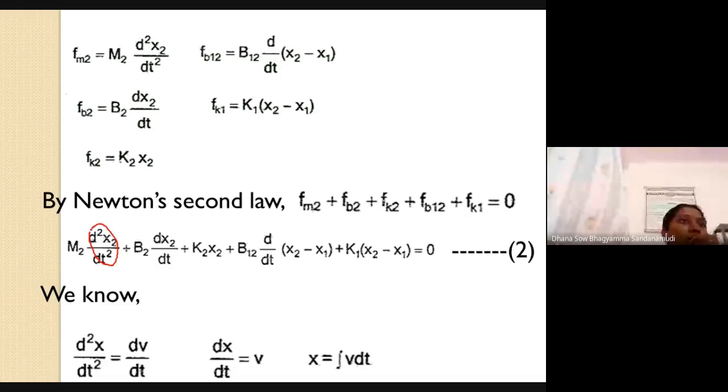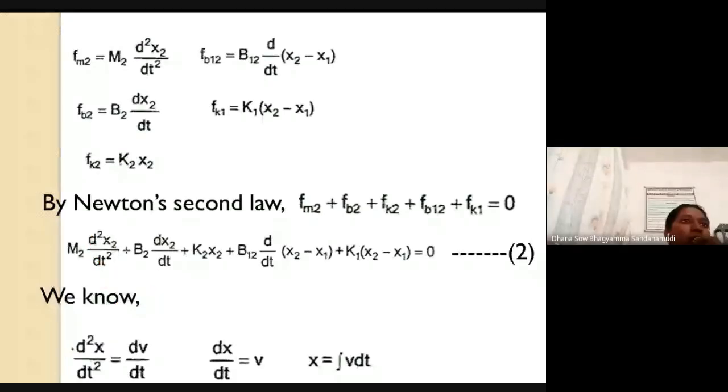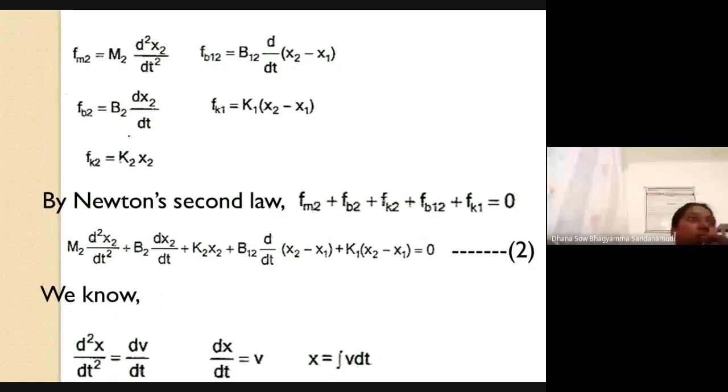So replace d square x by dt square by m2 into dv by dt. Dx by dt, you just replace B2 into v. Okay, wait, I will write it. So if you replace for equation number 2, I am writing.